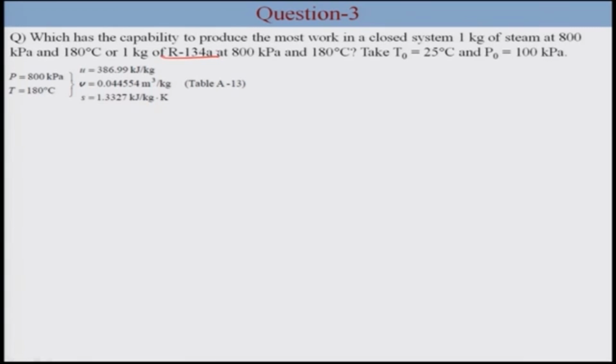So at the given conditions, 800 kilopascal and 180 degrees Celsius, the values from table A13 are U is this, V specific volume is this, and entropy is this. Now for the environmental conditions, that is 25 degrees Celsius and 100 kilopascal, it is again superheated. So we need to see the values at T0 equal to 25 degrees Celsius and P0 equal to 100 kilopascal.